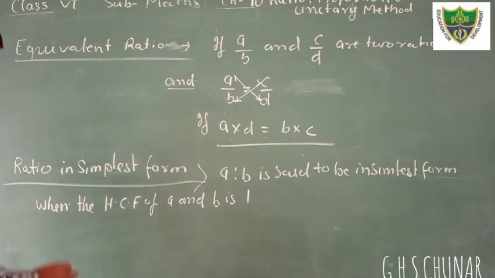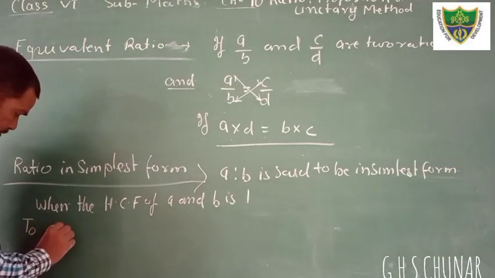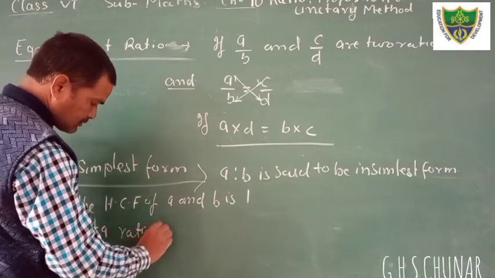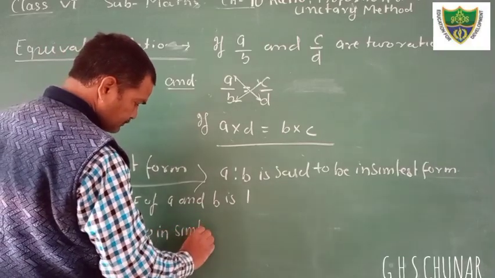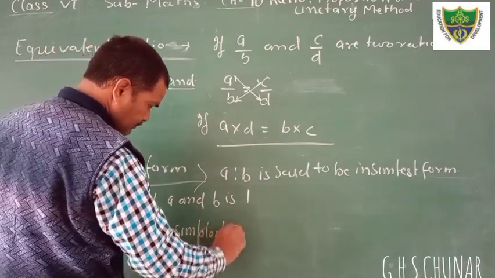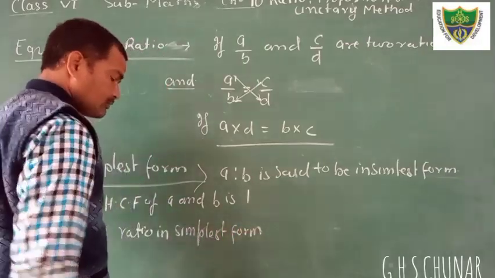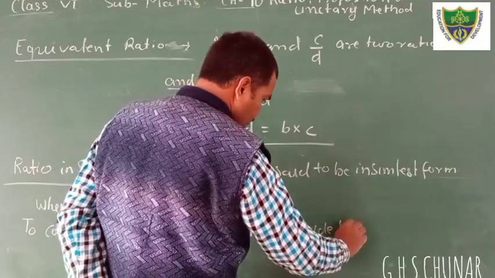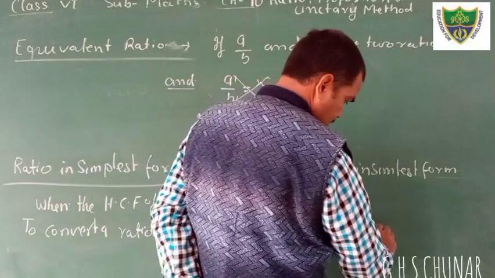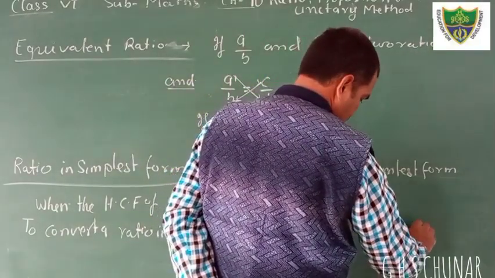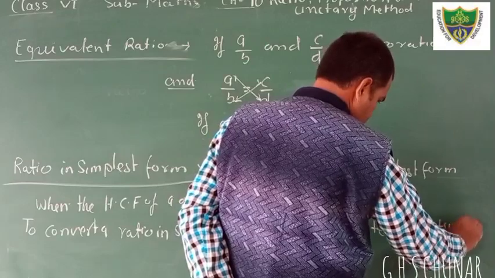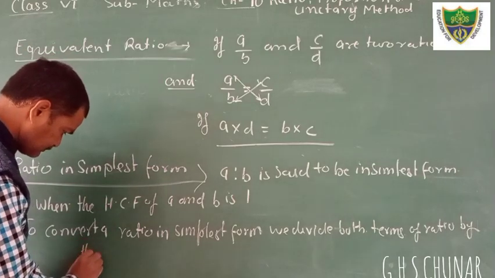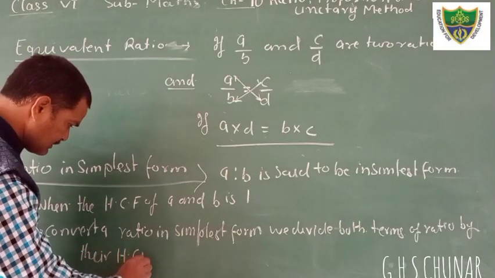So we can say, to convert a ratio in simplest form, we divide both terms of the ratio by their HCF.